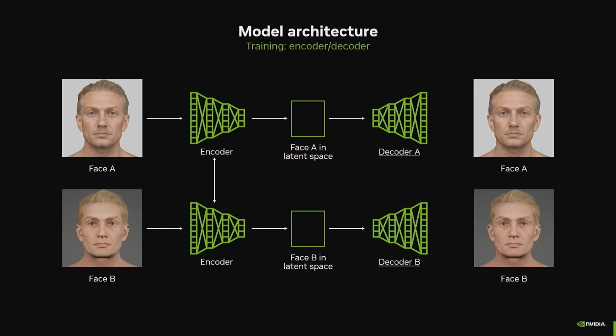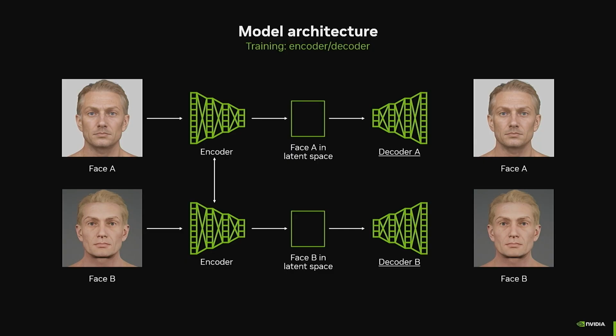Let's talk about the model here. The model that we use for NeuralFace is just an encoder-decoder, pretty easy to understand. So we have one encoder that encodes face A and face B. After that we have those images in a latent space, and you have two decoders. The decoder B will decode the face B, and the decoder A will decode the face A, right?